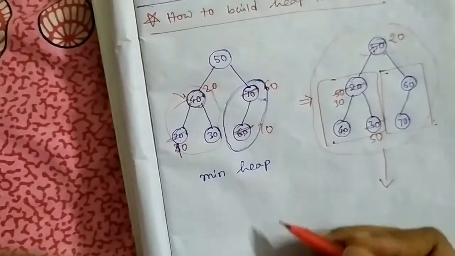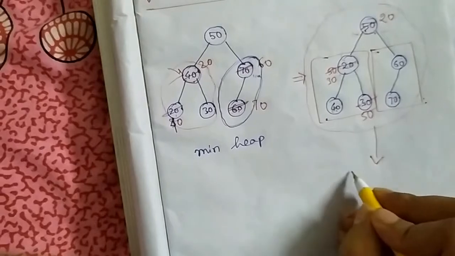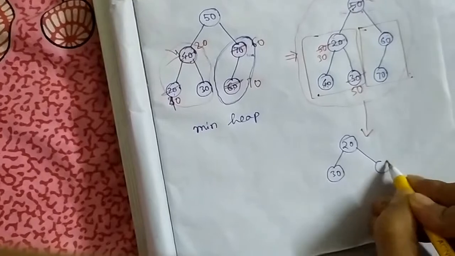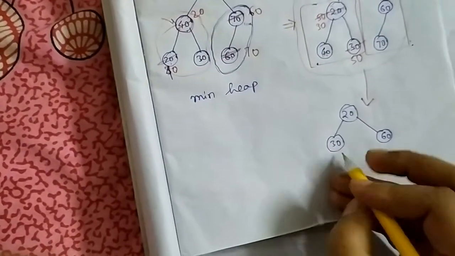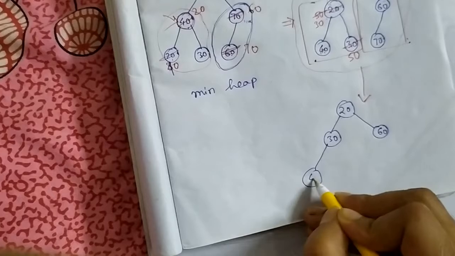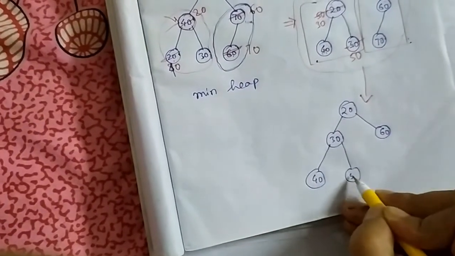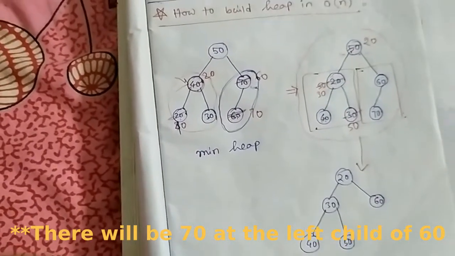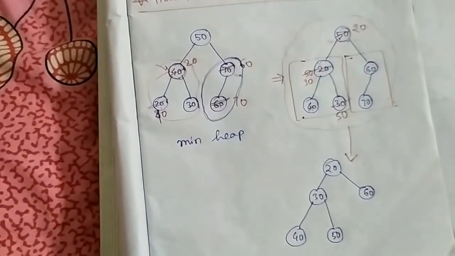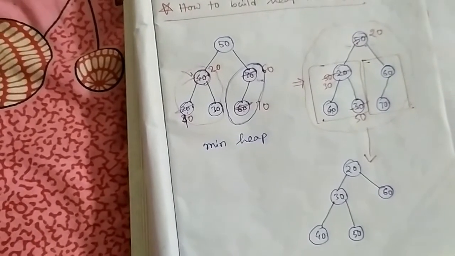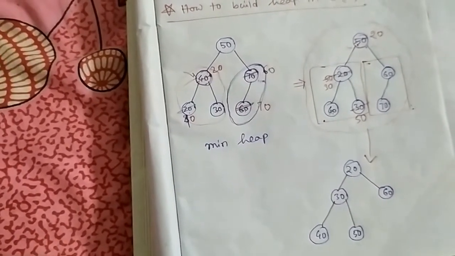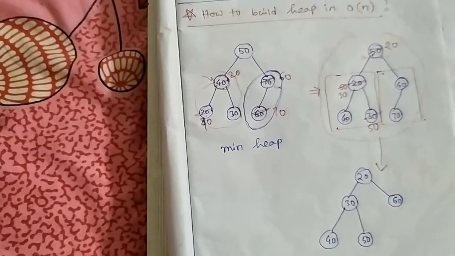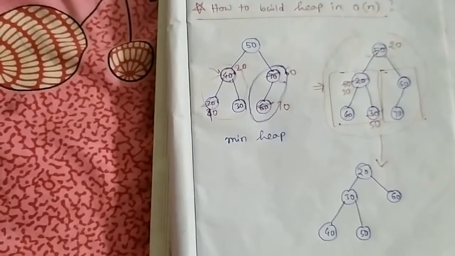So our min heap is 20, and its left child will be 30, its right child will be 60, here 40 and 50. Thus we got our min heap. This algorithm takes order of n time to create a min heap, but how it takes order of n is not something I am going to discuss now, because this is not a heap class.